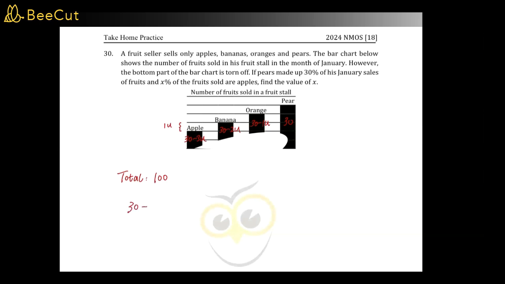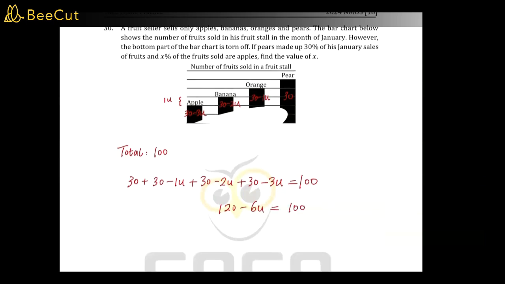Let's add them together and simplify it. 120 minus 6u equals 100. So the 6 units equals 20. And this means that 3 units equals 10.